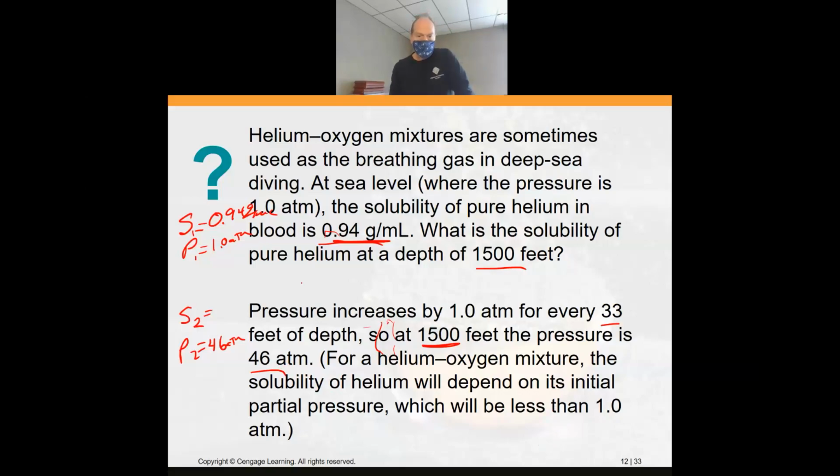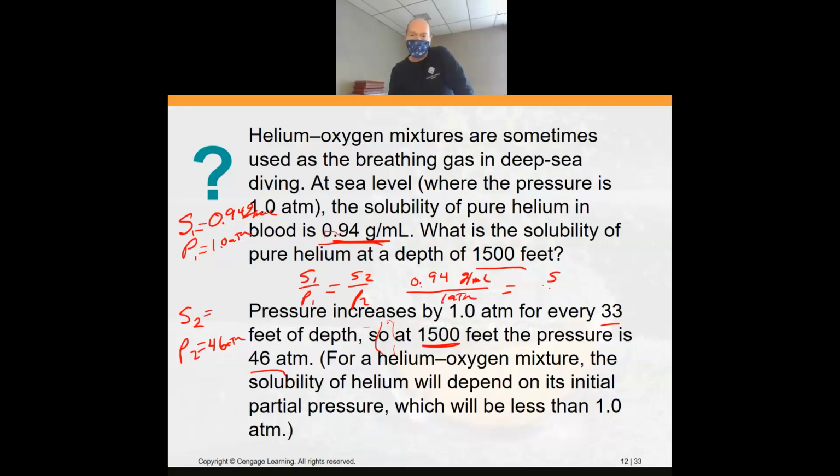So you have your equation, S1 over P1 is equal to S2 over P2. You've got your 0.94 grams of helium per milliliter of blood, which is the solubility of helium in blood at 1 atmosphere.